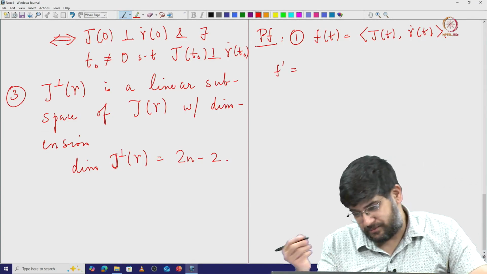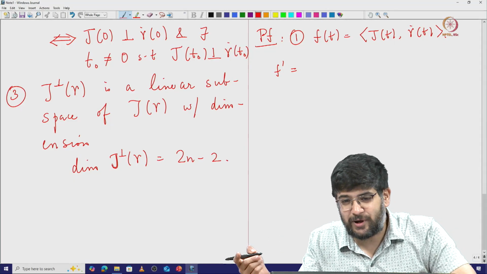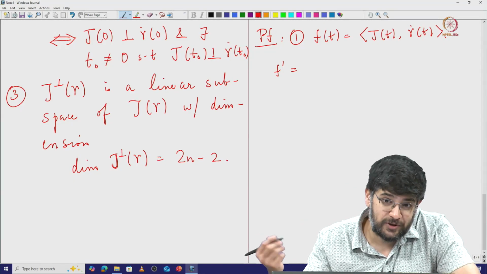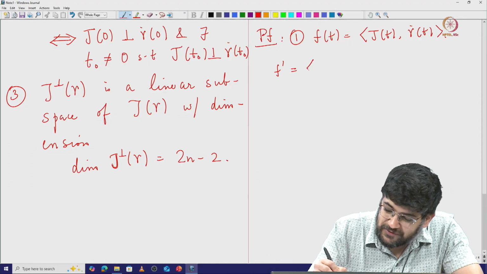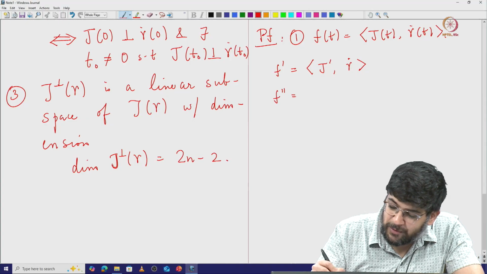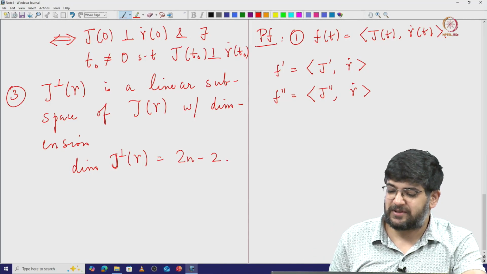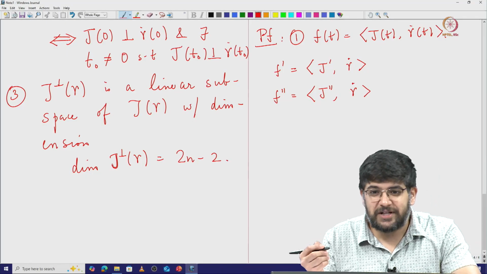Well, by the product rule you differentiate first J and then differentiate gamma dot. The derivative of gamma dot is 0 because gamma is a geodesic. So this will just be J prime times gamma dot. Similarly, what is f double prime? Again the derivative will only hit J, so it will be J double prime times gamma dot.